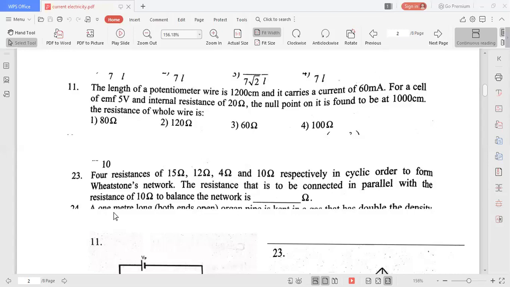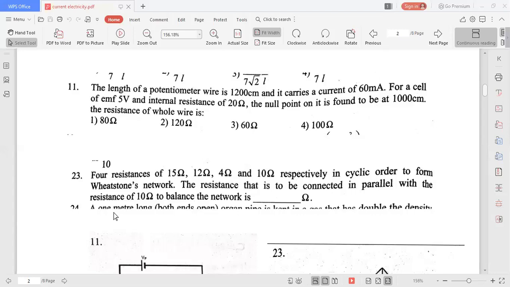The length of the potentiometer wire is given as 1200 centimeter, and that potentiometer wire carries a current of 60 milliampere. Here they asked what is the resistance of the whole wire, that is, the resistance of the potentiometer wire.